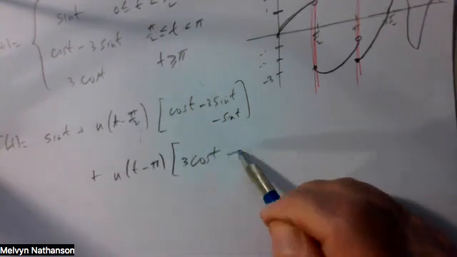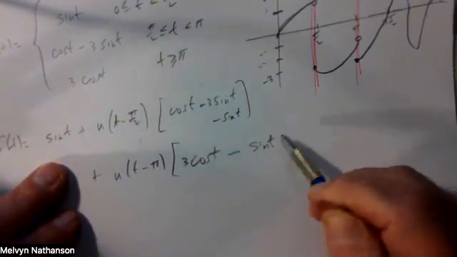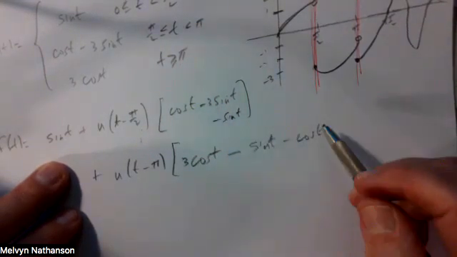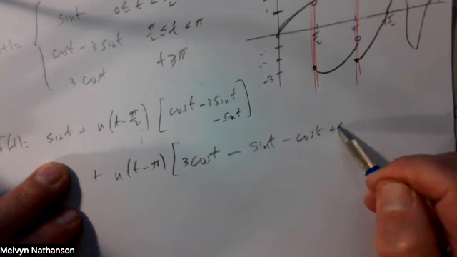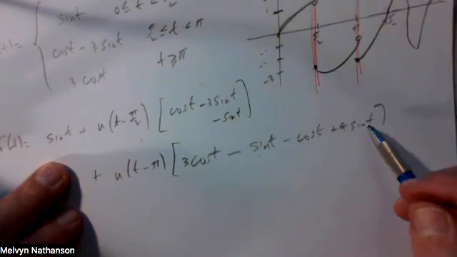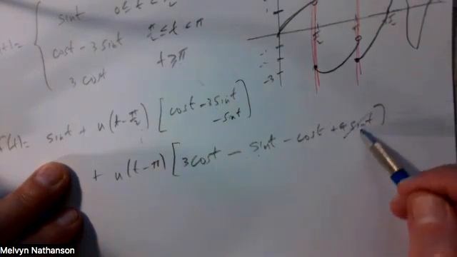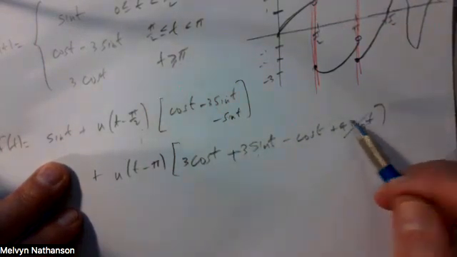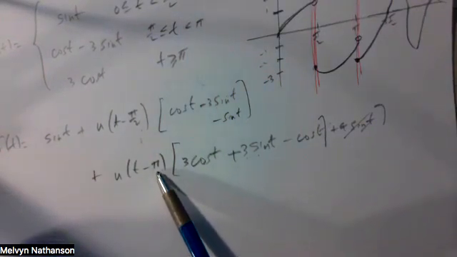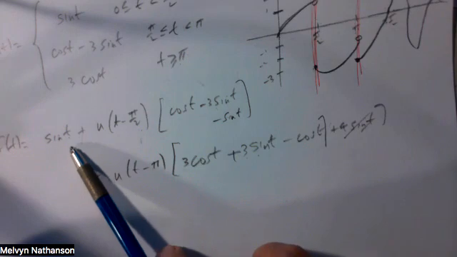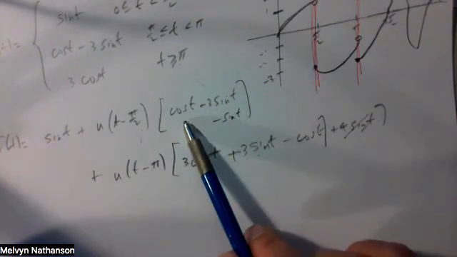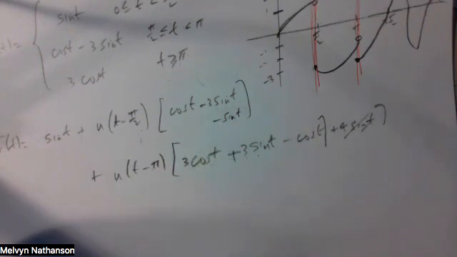So I want to subtract off sine t plus cosine t minus 4 sine t, which is cosine t minus 3 sine t.